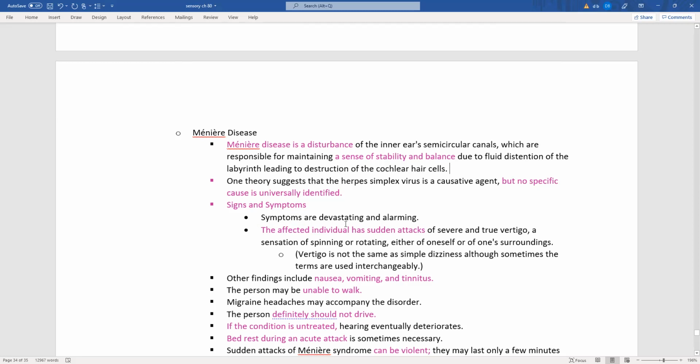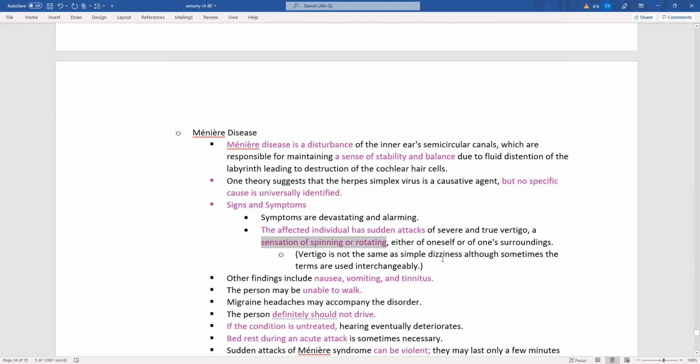Signs and symptoms are devastating and alarming. The affected individuals have a sudden attack of severe and true vertigo, a sensation of spinning. That's what he said. He said he couldn't hear shit and he was spinning around. He said everything was spinning, either of oneself or of one's surroundings.